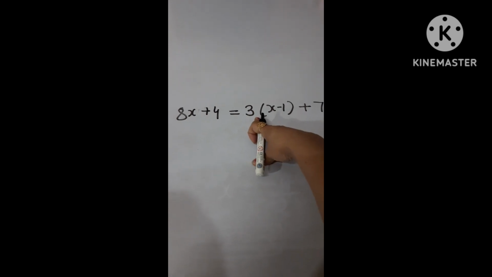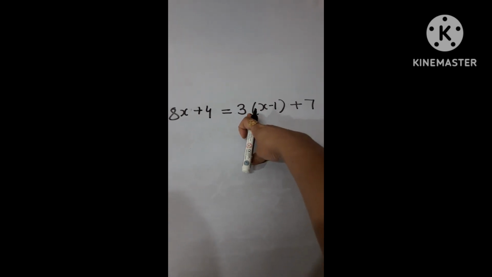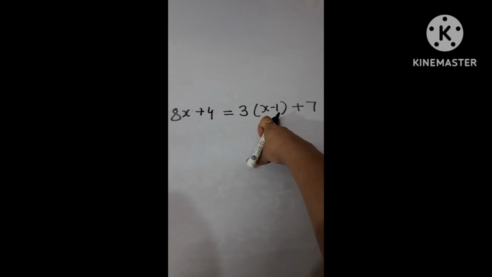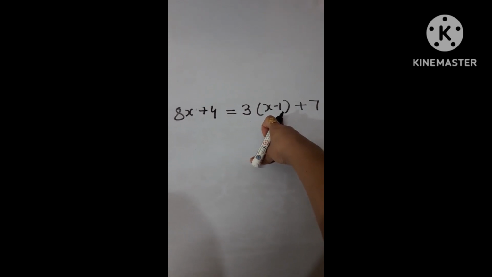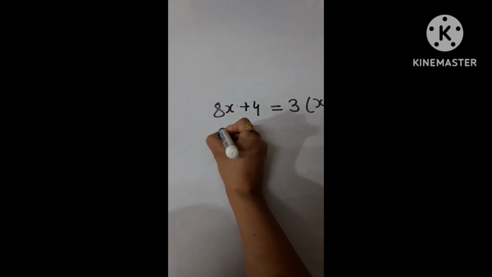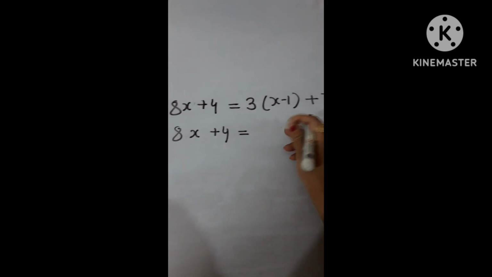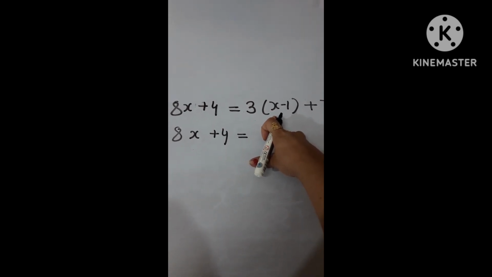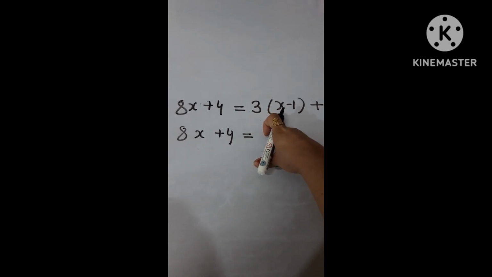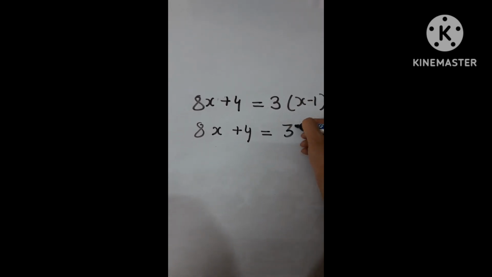This 3 is outside the bracket. What does it mean? It means the 3 is going to multiply with x also, and this 3 is going to multiply with minus 1 also. Okay, so first of all, solve the brackets. So 8x plus 4 will be as it is. Now 3 will be multiplied with x. When we multiply 3 with x, this will be 3x.